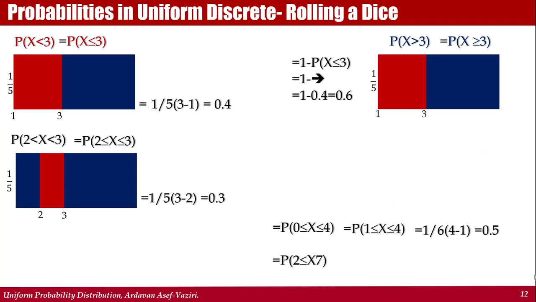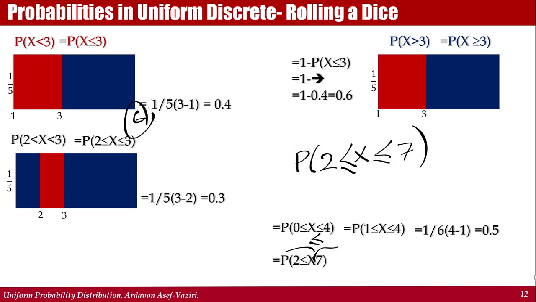Probability of x greater than or equal to 2, and I have a typo here, less than or equal to 7. Probability of x less than or equal to 7, greater than or equal to 2. We don't go up to 7. The maximum value we have is 6.